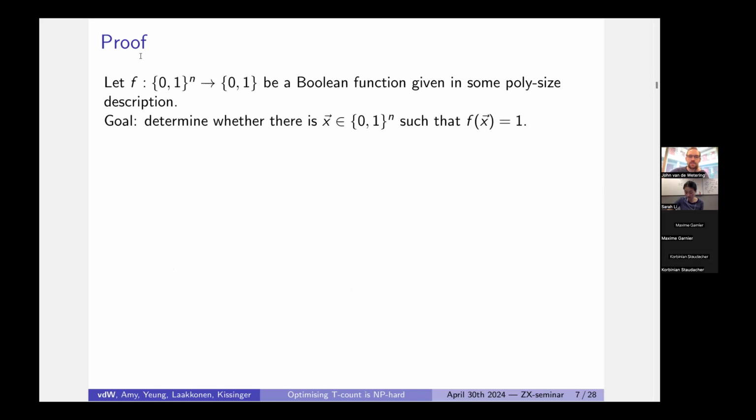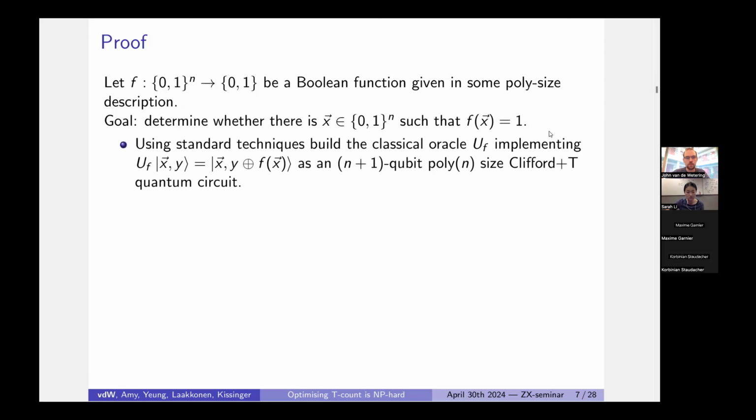Well, we have some Boolean function f, which is given in some poly-size description, for instance, as a tree of ANDs and ORs, like some kind of normal form. And we need to determine whether there exists an x such that f(x) is 1, so whether f is satisfiable. We use some standard techniques to build the classical oracle U_f.